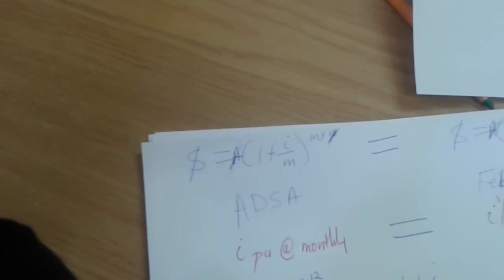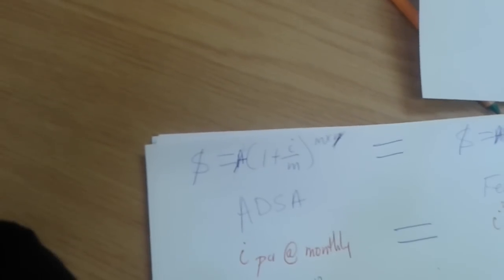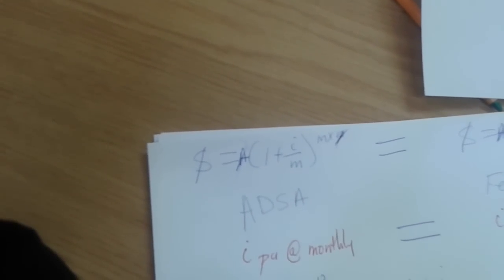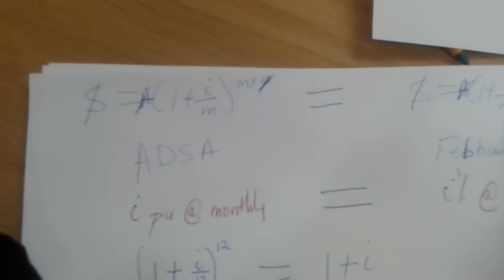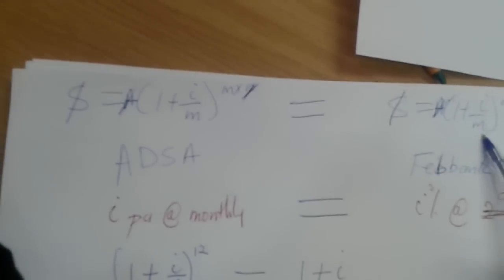It's simply because, remember we said an effective rate is compounded once a year, so the M will be 1. Now remember, when the power of a bracket is 1, we can easily ignore the bracket. So the bracket will fall away, and also this I over 1 is the same as I.